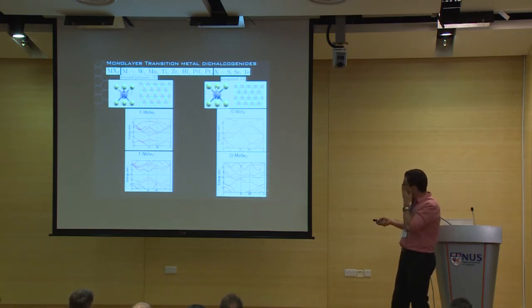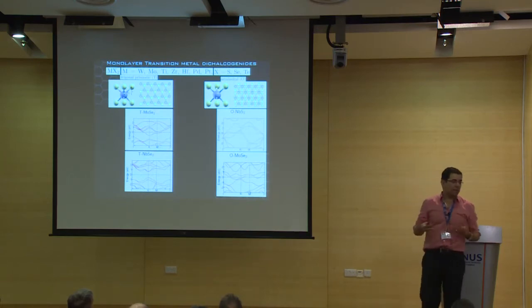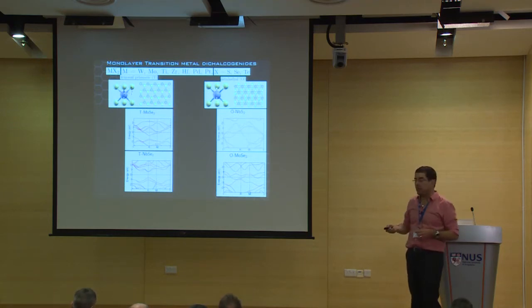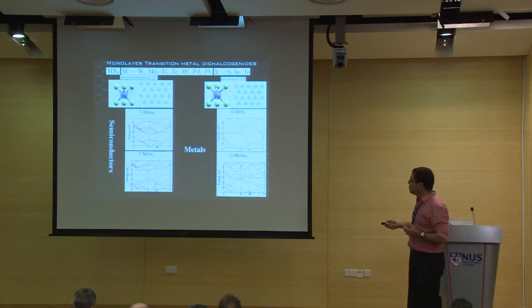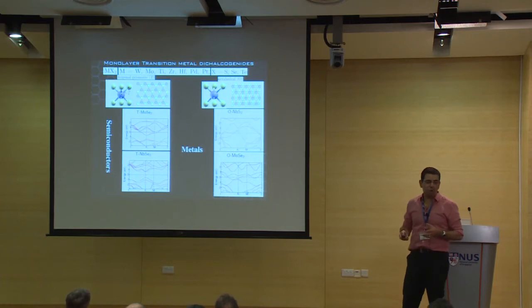You can imagine playing with these different structures in different ways. This is already a knob to change the electronic properties: you can go from semiconductors to metals, and this is just from the single electron perspective.